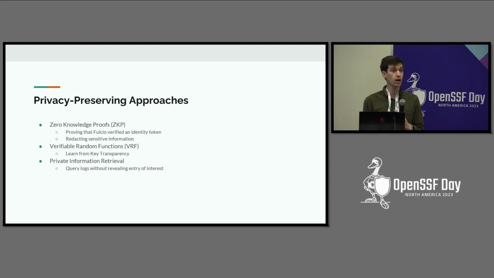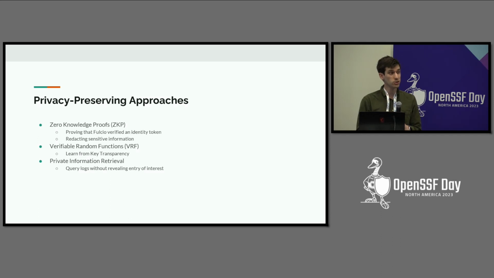So some users may not want this information to be public and would instead want it to be redacted. There's a few areas to explore in this space. One would be the use of zero-knowledge proofs, which give us a way to redact information while still making signing events verifiable. And it also has the property of being able to let us see that the CA, Fulcio, actually verified a valid identity token.